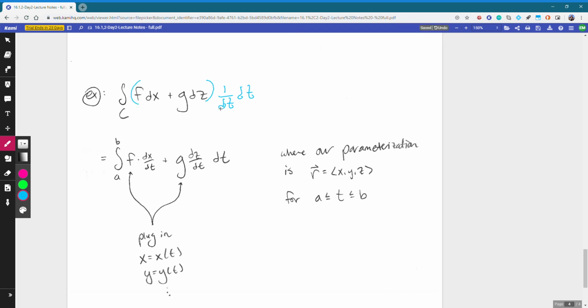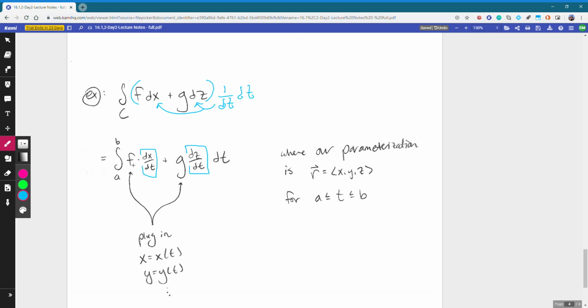And so here, this over dt is actually going to distribute to both the dz and the dx. And so we'll get dx/dt over here against the f, and dz/dt against the g. And so here, this is showing us exactly how this line integral translates.